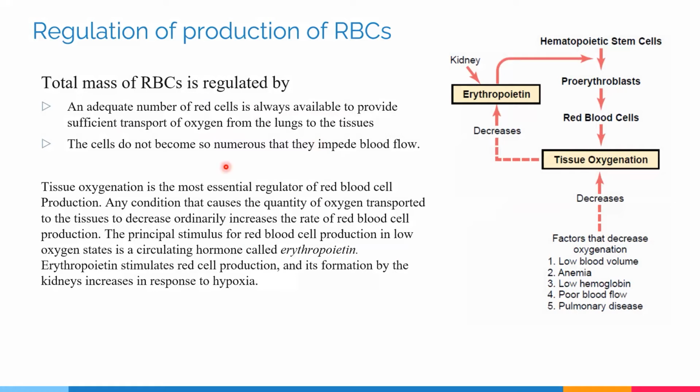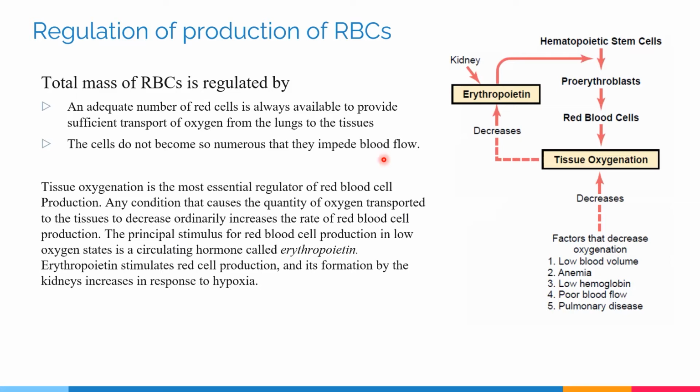Secondly, the cells also have to be at a certain amount so that they do not impede the blood. So as I said, in very small capillaries, the RBCs can squeeze through and pass the capillaries while delivering oxygen to the tissues around it.